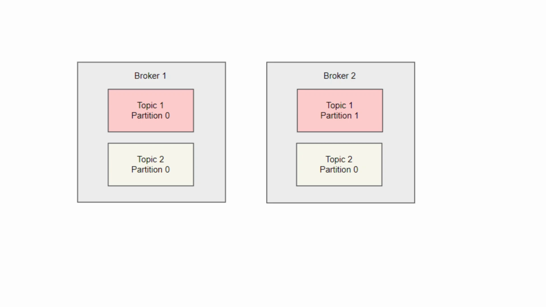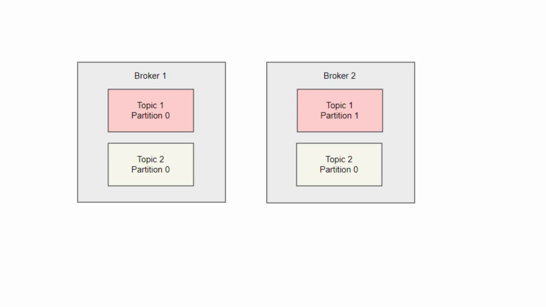Now here, topic 1 has 2 partitions, so it is in 2 different brokers, but it has only a replication factor of 1, which means the partitions will not be replicated in other brokers. Whereas topic 2 has only 1 partition, but it has a replication factor of 2, which means it will be replicated in two different brokers.